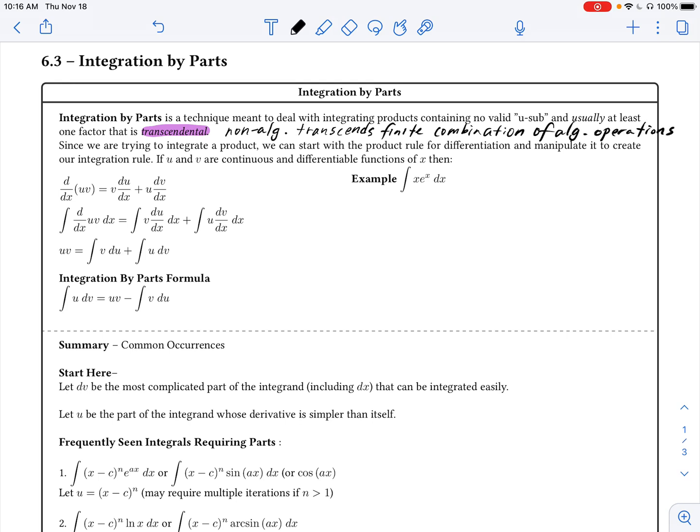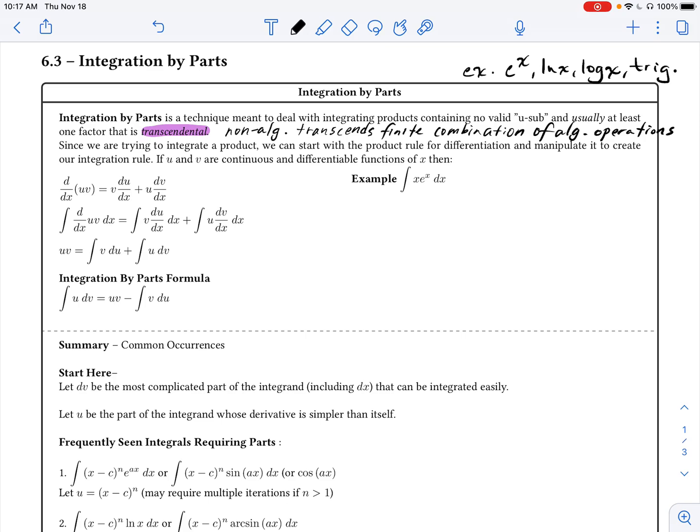So if we really just think about functions like e to the x, natural log of x, logarithmic functions, trigonometric functions, right? Trig functions. These are all examples of non-algebraic transcendental functions that aren't really just a set of finite combinations of algebraic operations.